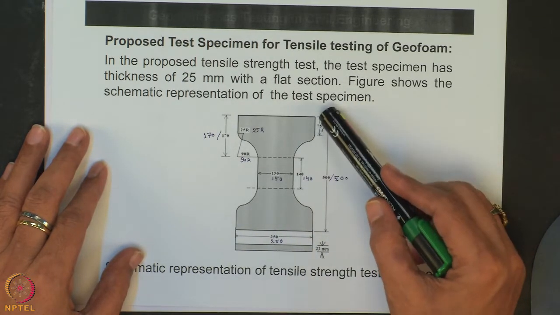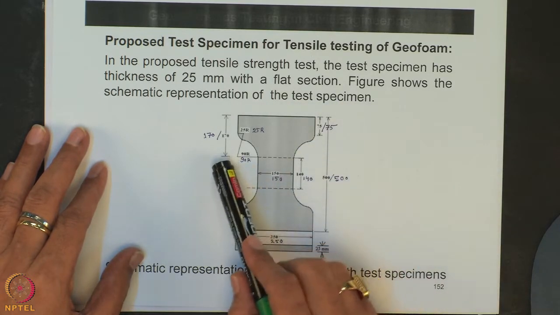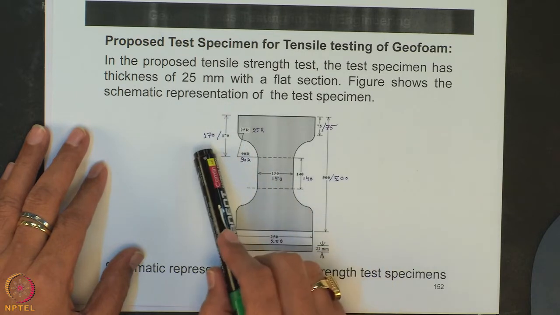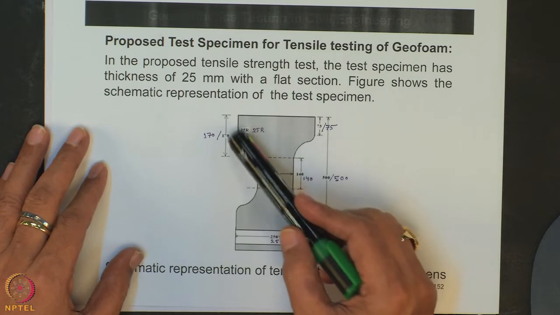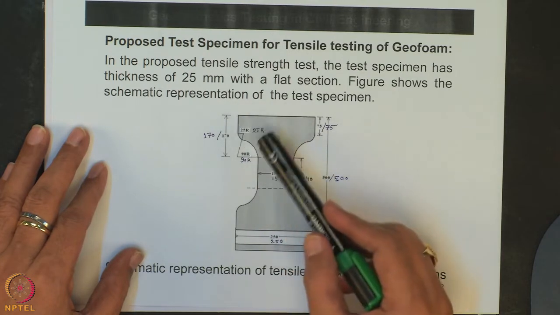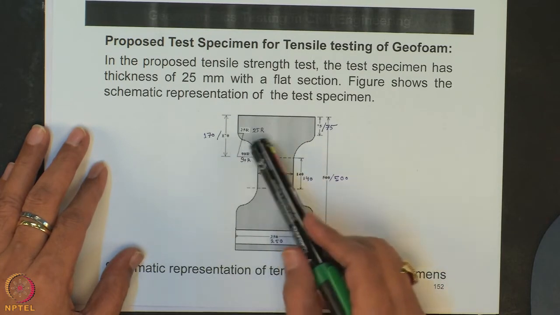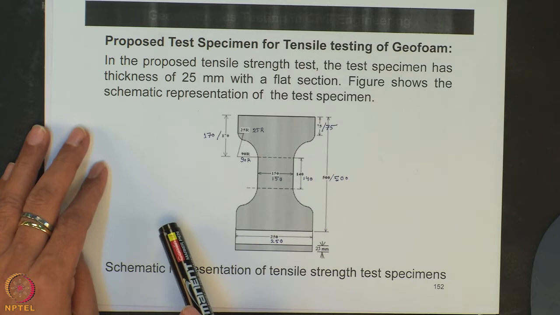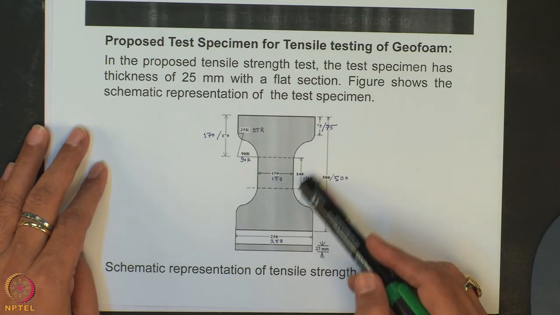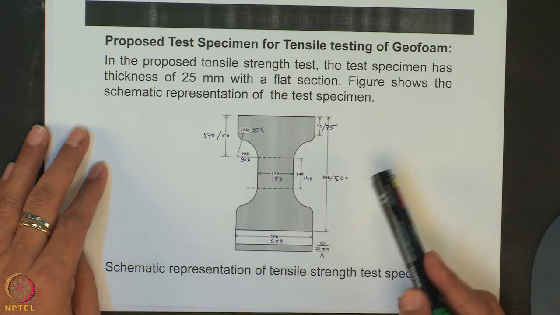and from here to here is 75 millimeter, and from here to here is 170 millimeter, and this arc is 25 R, and this arc is 90 R, and this distance is 150 millimeter, and this is 140 millimeter.